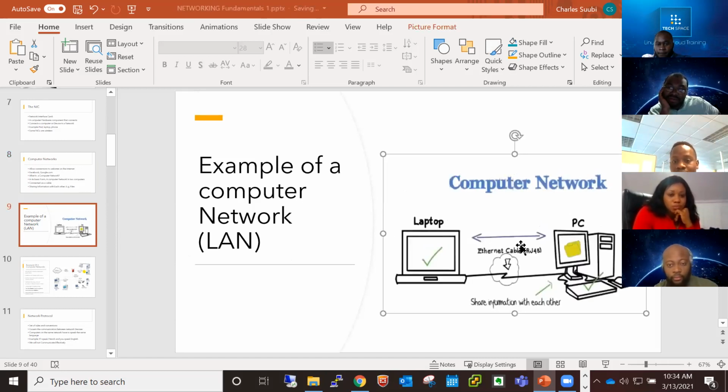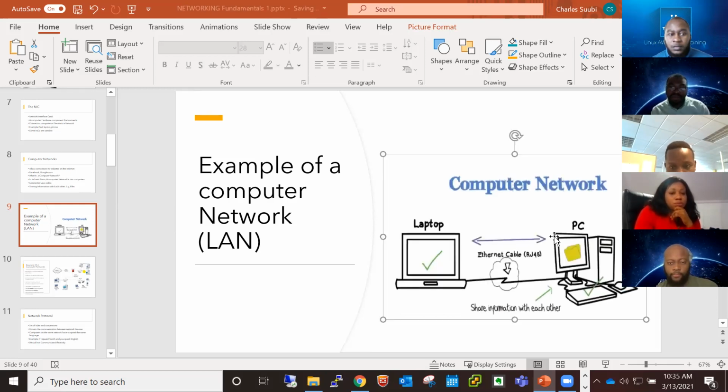So I'm using an RJ45 to connect my laptop to my PC. And after that, I can do a data transfer between these two devices. So if I do not have an RJ45, which other ways can I connect these two devices? You guys use it every time when you go to your friends' houses. Hey, can I connect to your what?